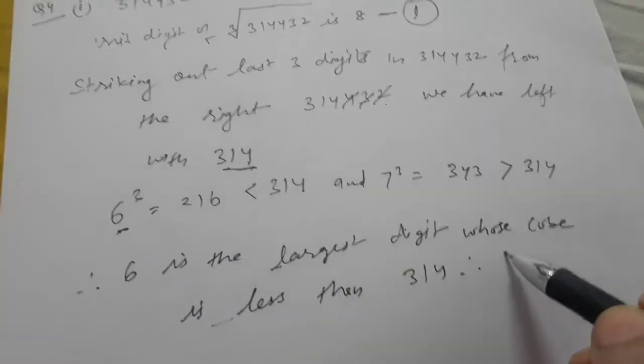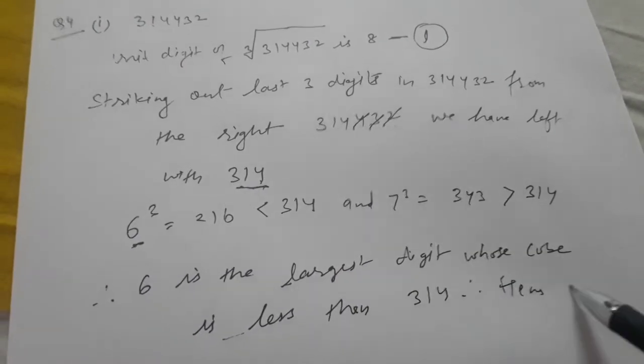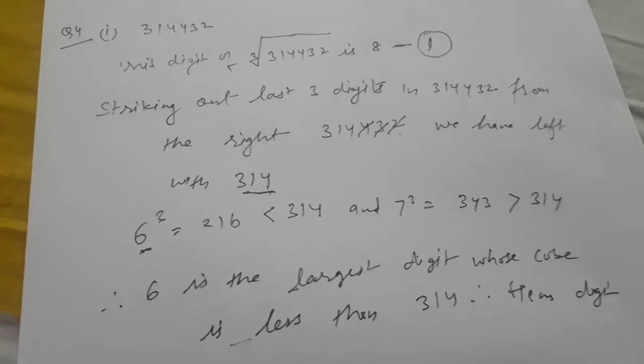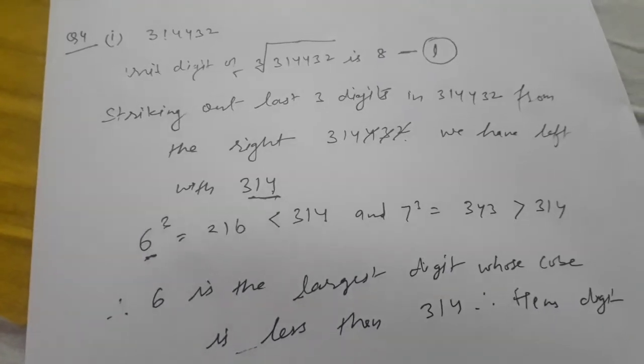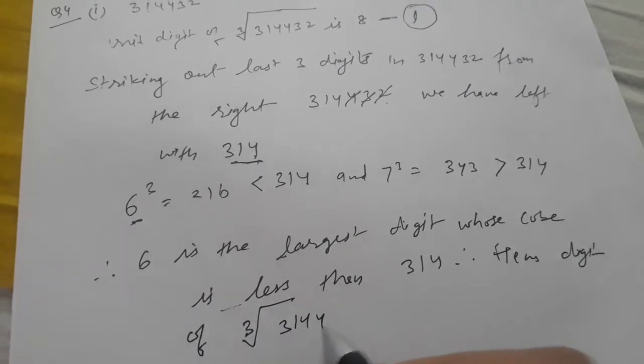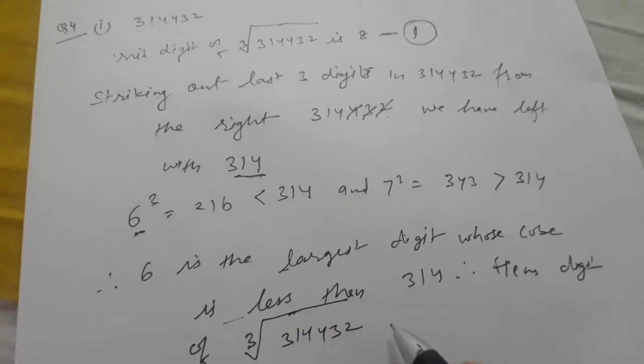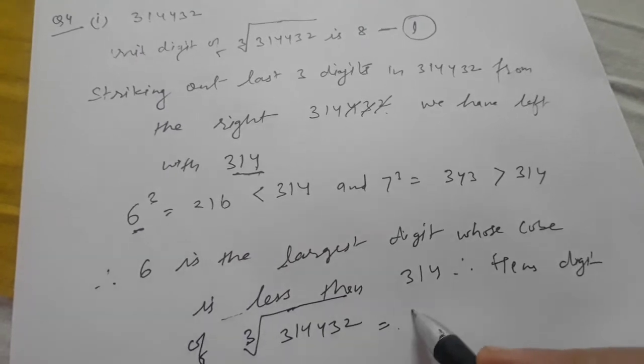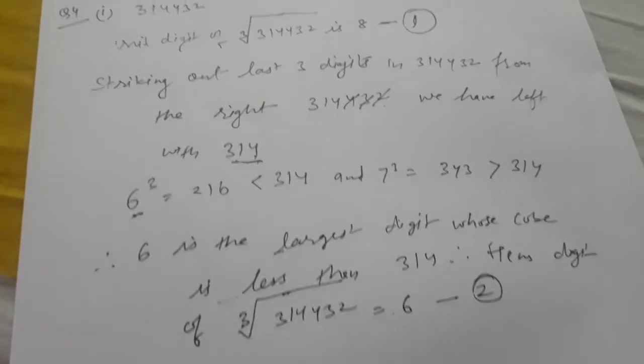So therefore the tens digit of the cube root of 3,14,432 would be 6. This is our second statement.